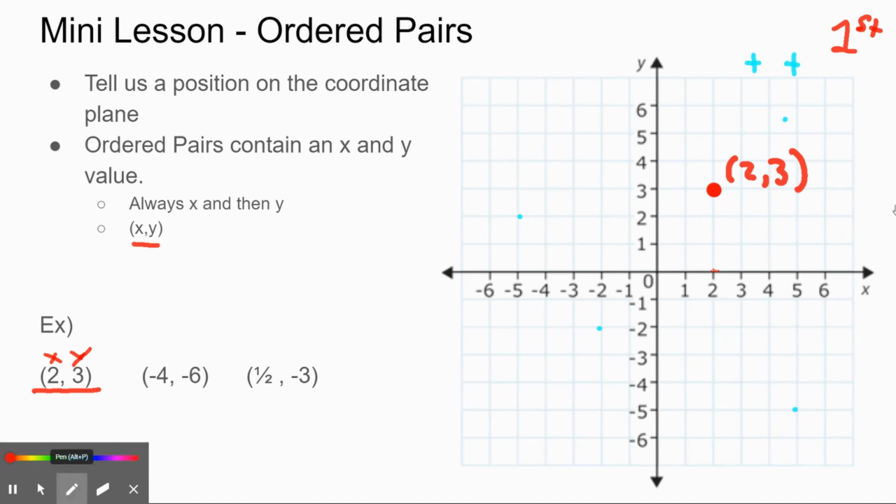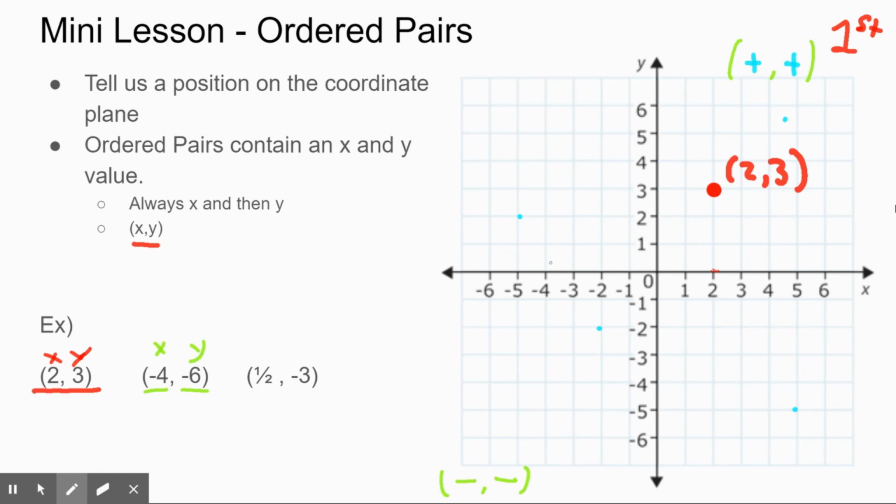The next point that we have is (negative 4, negative 6). If it helps, we can again write down which one's x and which one's y. And since they're both negative this time, we know that we're going to be in the third quadrant because our x and y values are both going to be negatives in our third quadrant.